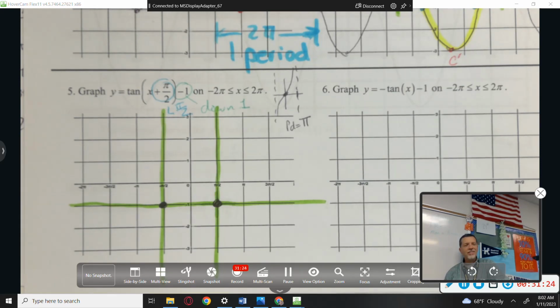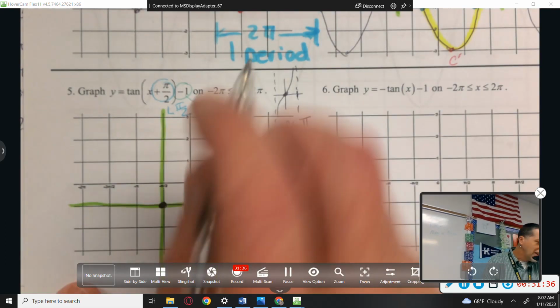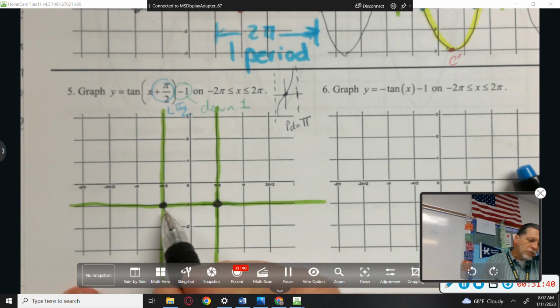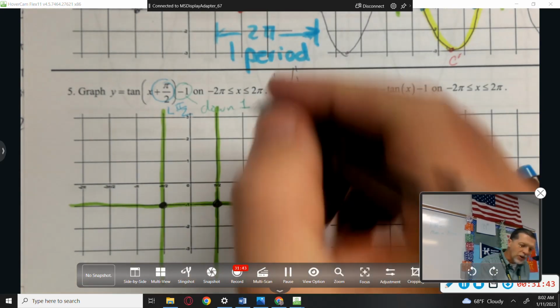Why am I regretting doing the full X and Y axis there? Because I want to put my asymptotes to look like that, and now I'm going to have a messed up picture. Alright, so there's my real new starting point.